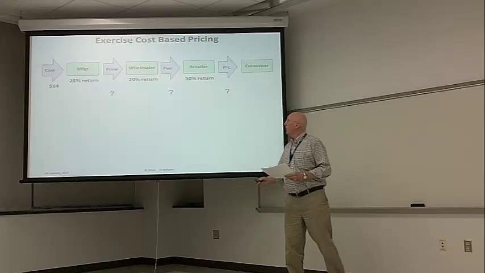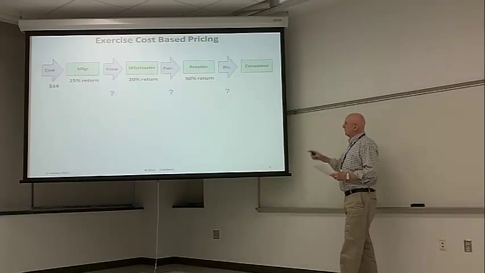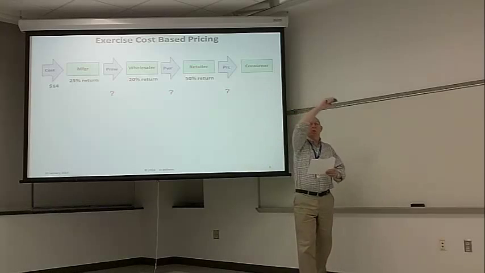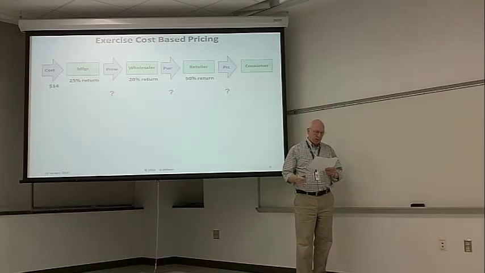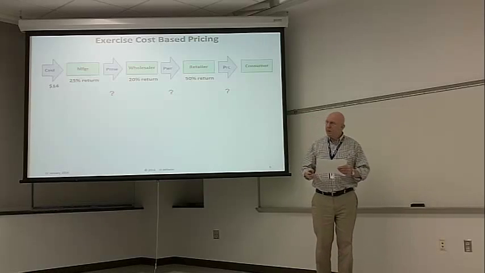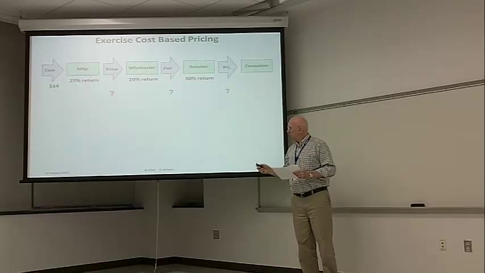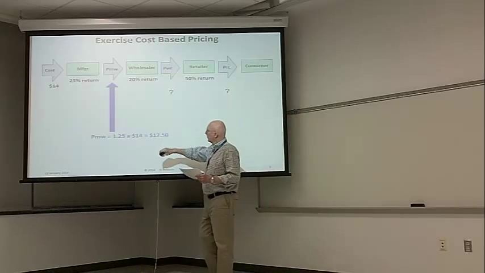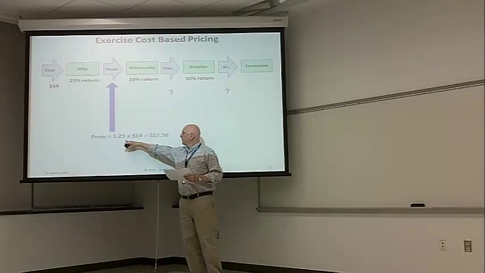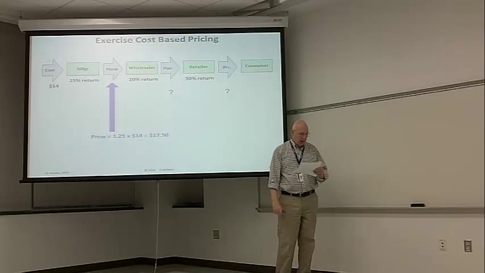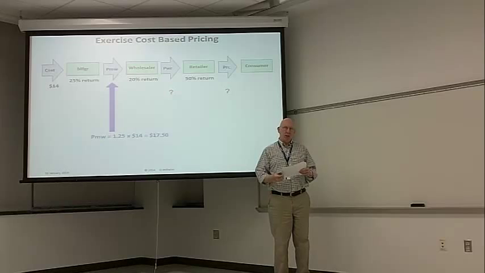There's our question marks again. And since this is cost-based pricing, we're starting from the left and working over to the right. The price from the manufacturer to the wholesaler is 1 plus the manufacturer's return, 1.25, times the cost of $14, which comes out to $17.50.